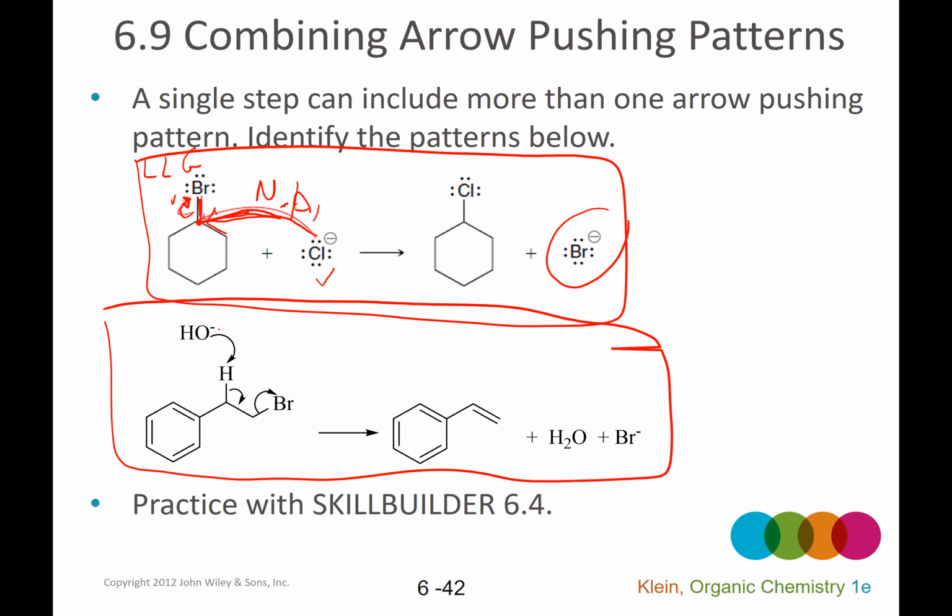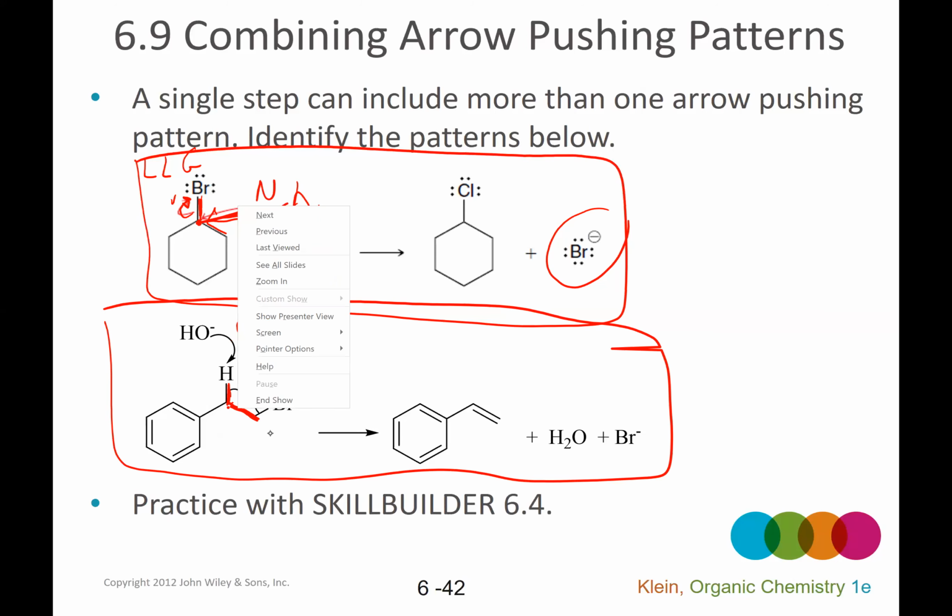The OH with lone pairs is forming a bond to the hydrogen. So now we're talking about proton transfer, right? The hydrogen can only form one bond. So where are these electrons going? They're going down here. See that? See the arrowhead is pointing to the bond. So that's going to become a double bond.